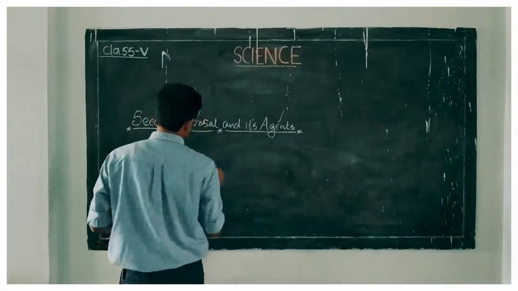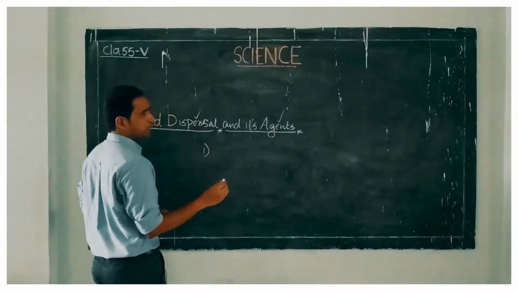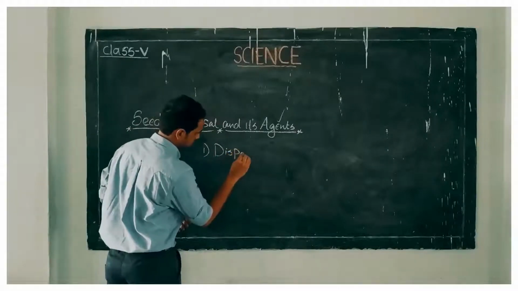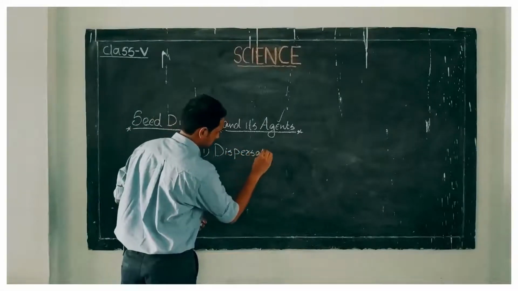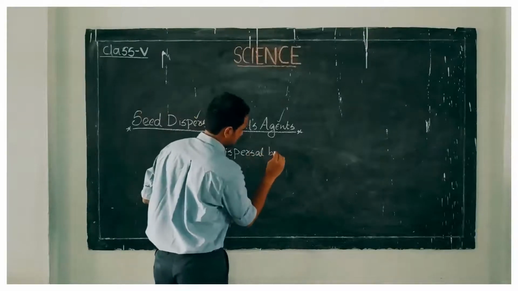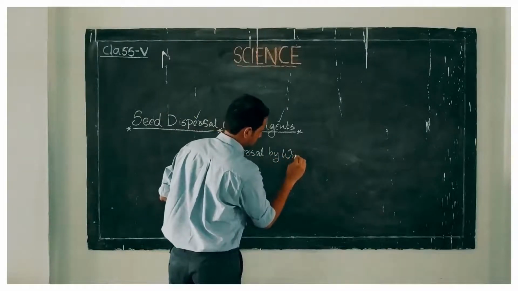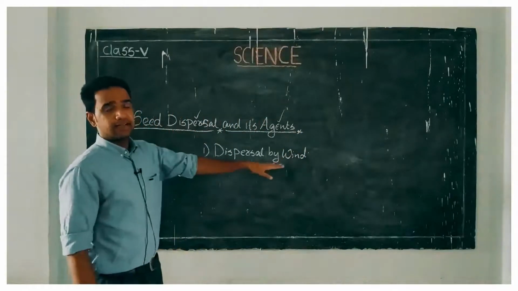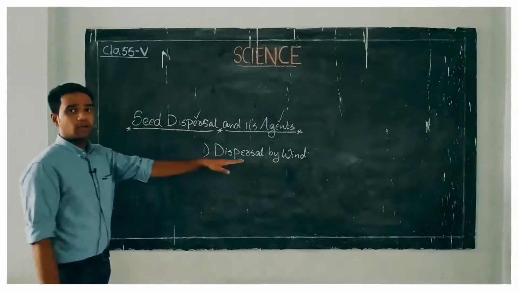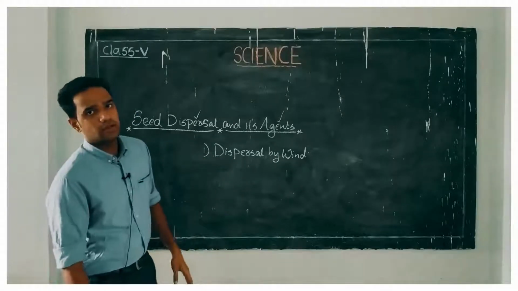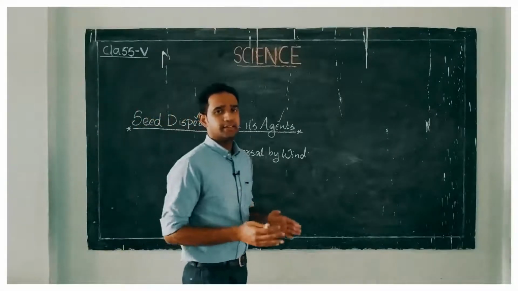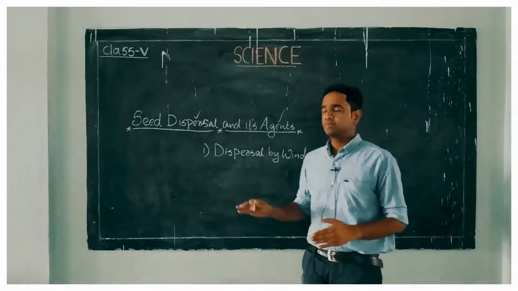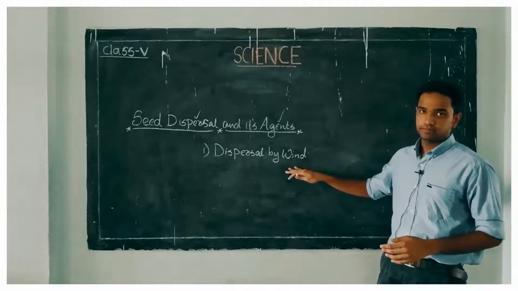First one is dispersal by wind. Usually seeds which are small and light are dispersed by wind.